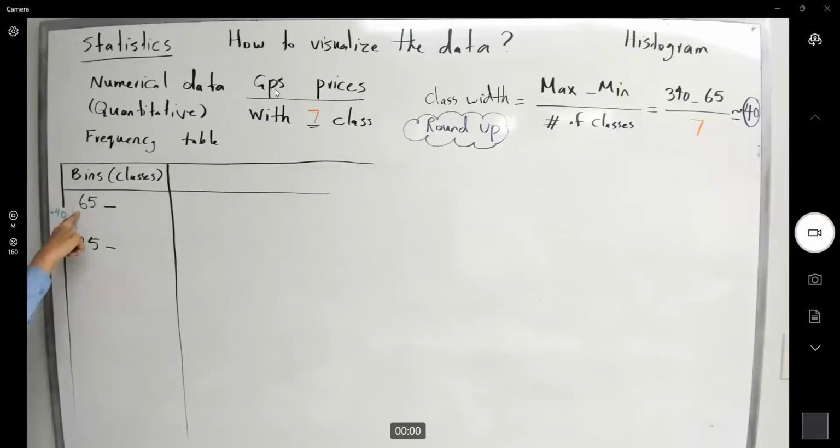So 65 is the lower limit of the first class. 105 is the lower limit for the second class. I'm going to do the same process. 105 plus 40 is 145. Then I'm going to add 40, and I keep repeating this step.